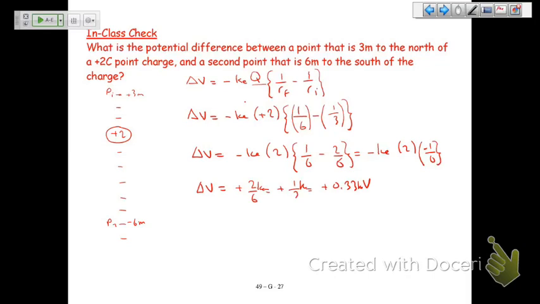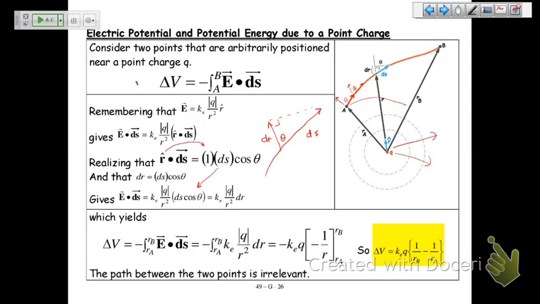Okay? So I went from there basically to there. Oh, rats. So minus and minus make a plus, so I have no positive sign there.